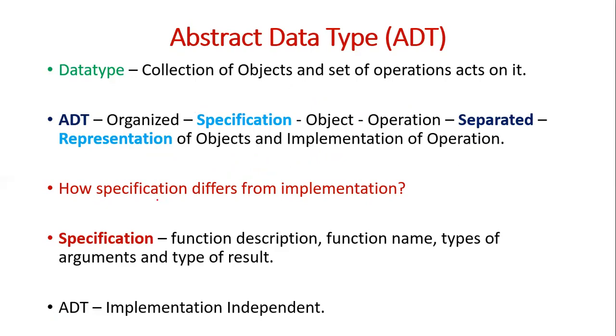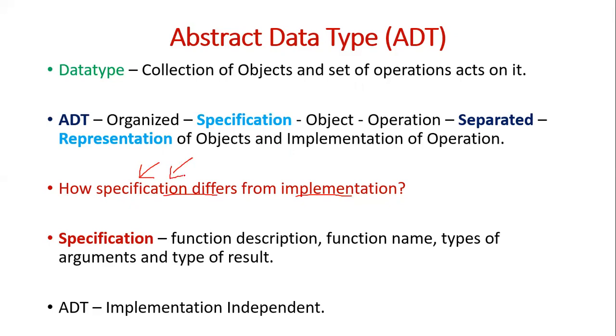Okay. So how does specification differ from implementation? That's what we have discussed previously. Specification is important from a user perspective. So the user needs only the specification details. What is this data type? What can it do, and what are the operations? Okay, what is the range or something like that.